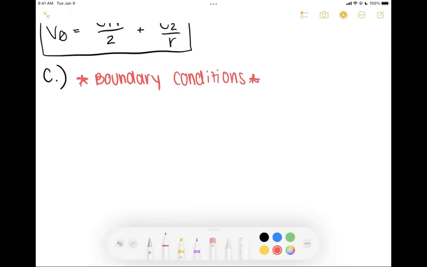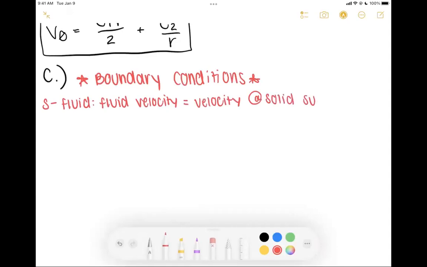The first one is a solid to a fluid, where the fluid velocity is equal to the velocity at the solid surface. It's also known as the no slip condition, like I mentioned before.